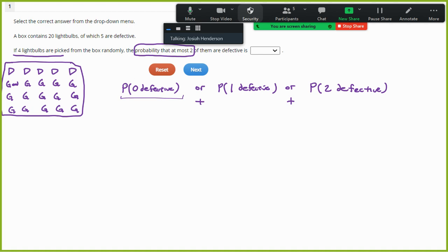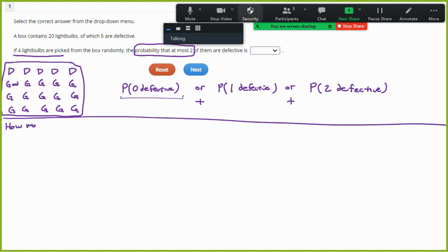So let's look at the first case first. The probability of picking 4 and getting 0 defective. So we need to first ask, how many ways are there to pick 4 from 20? Four items from 20 with order not mattering.